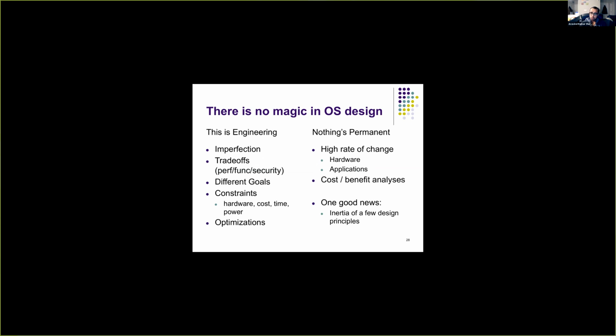So, as we all know, engineering is imperfect. Most of the engineering decisions are trade offs. And since the requirements are changing, the operating system design also cannot be static. It also needs to be evolving over time, and nothing is permanent when it comes to operating system design, because the things that we assume today may not hold in 6 months down the lane.